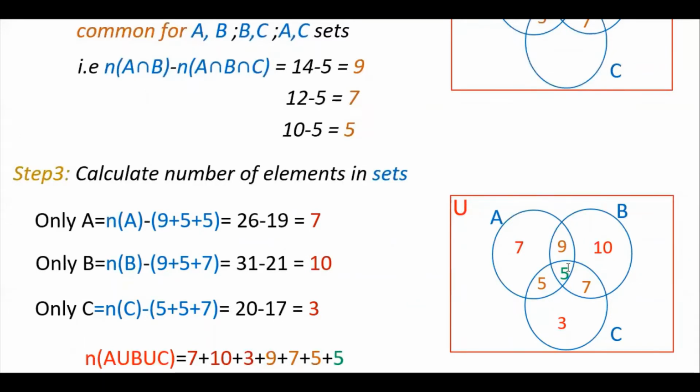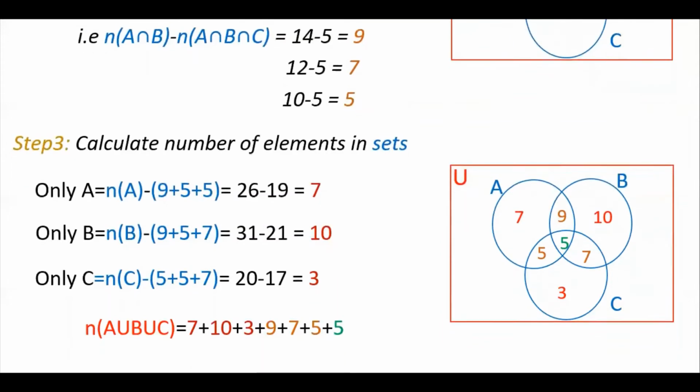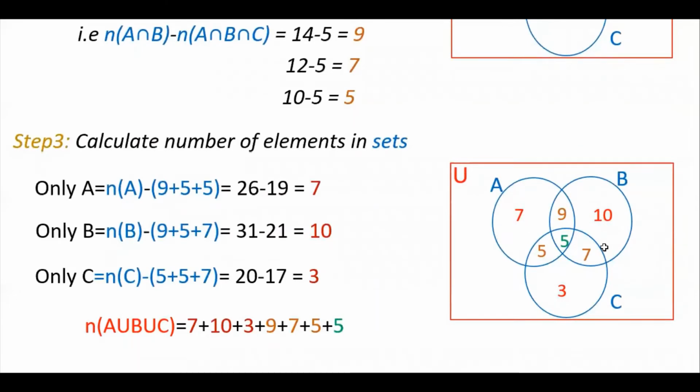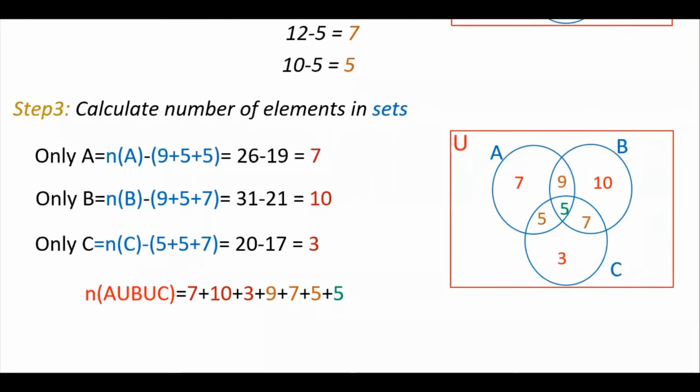So first you have to write this value, then you have to calculate these three values. Okay. So once you calculate all these values, you can find N of A union B union C is equal to, you have to add all these values: 7 plus 10 plus 3 plus 9 plus 7 plus 5 plus 5. So you can calculate like this.